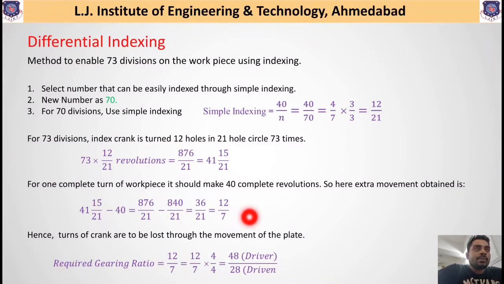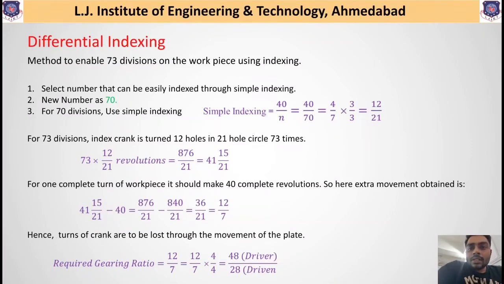If you convert this 12 divided by 7 into mixed fractional form, you will obtain 1 and 5 divided by 7. That means on a 7 hole plate, 1 complete revolution needs to be provided and an extra 5 holes to be rotated.